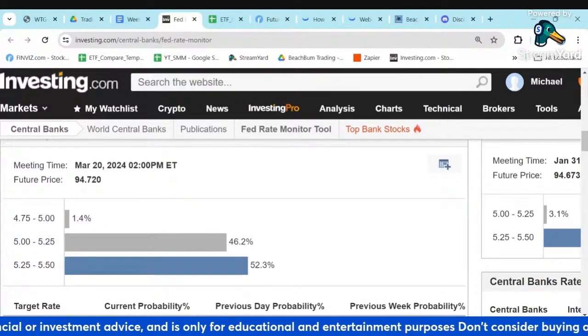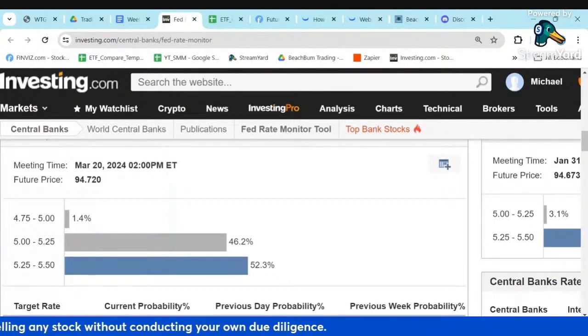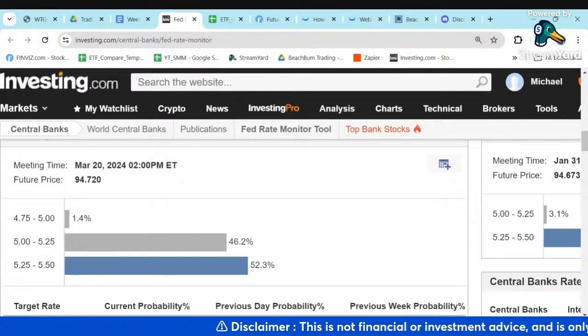Again, it will be very data dependent, but we also have the election this year, and I think they're not going to want to appear political. So if it seems like they're going to need to do one or more cuts, I think they're going to justify that strongly with the data, that it is a data-dependent decision.